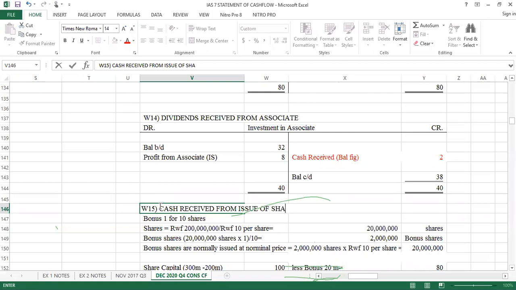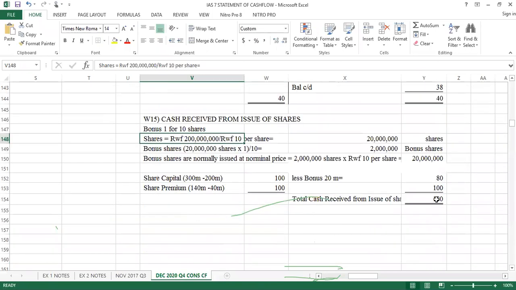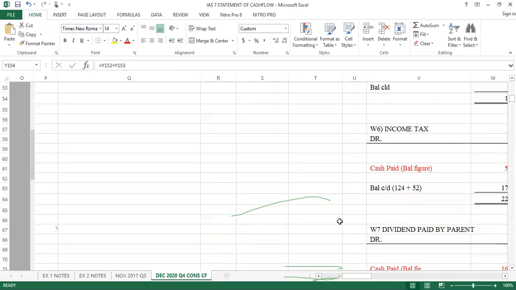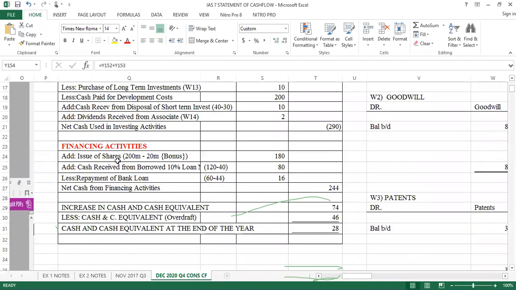I just did that at the beginning. So instead of just writing guesswork there, we can now write here, working 15. Is it working 15? Yes, it is working 15.